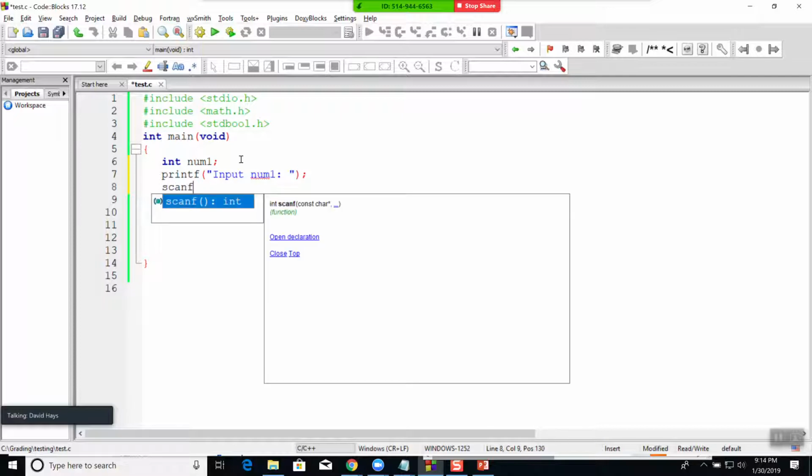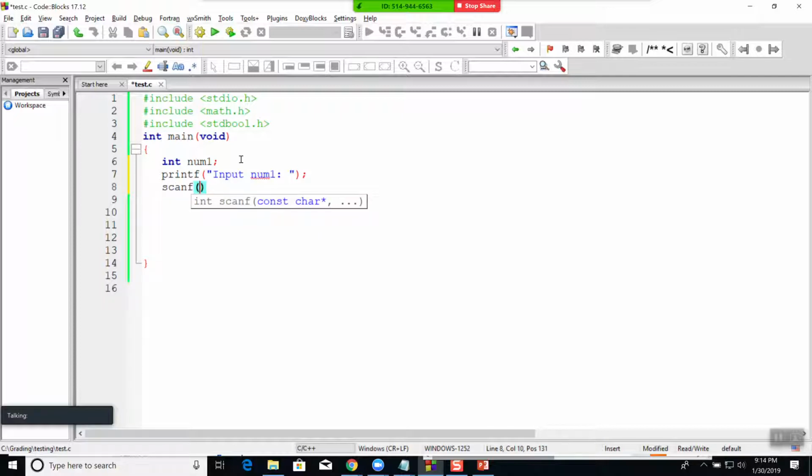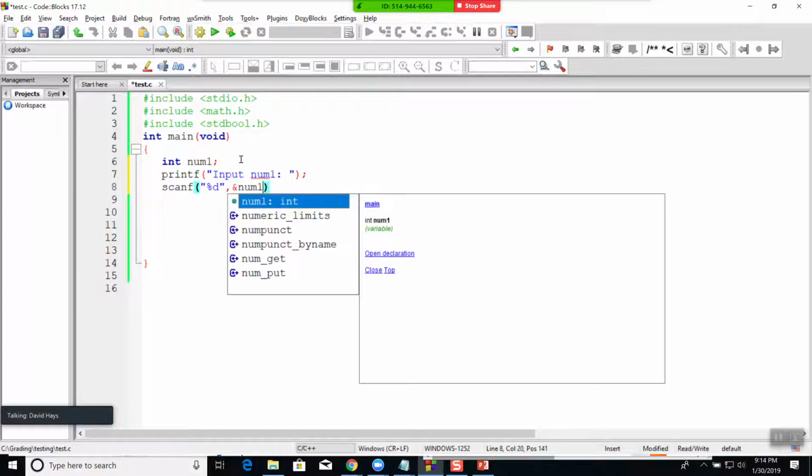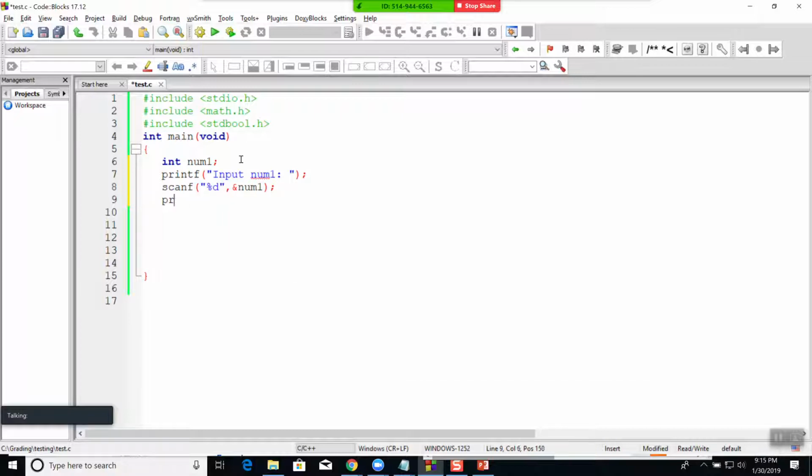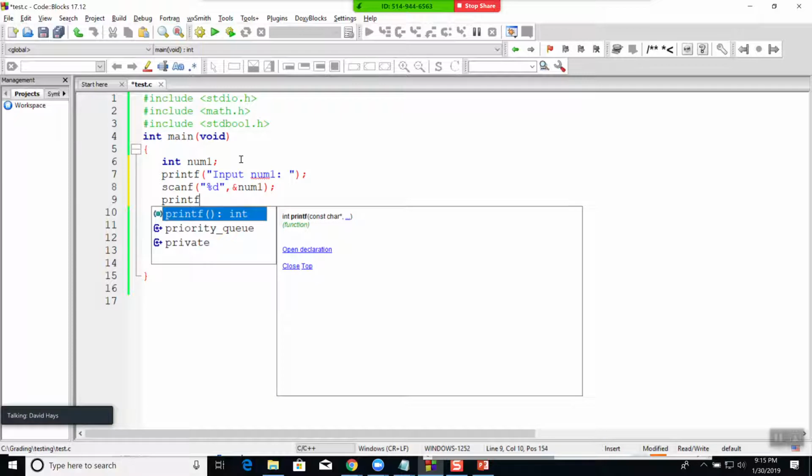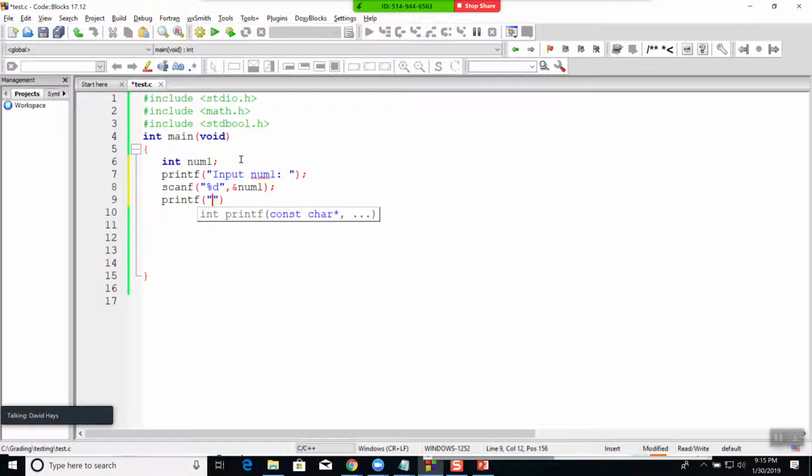We've been doing this. %d and then that. In printf, number was %d \n num1. So that's been our standard we've been using.